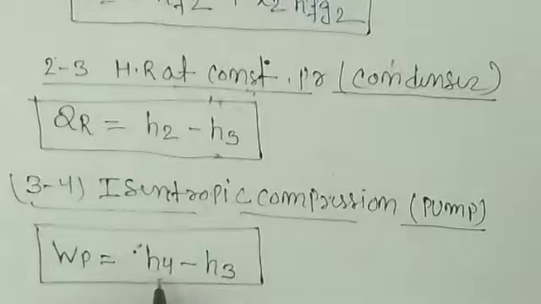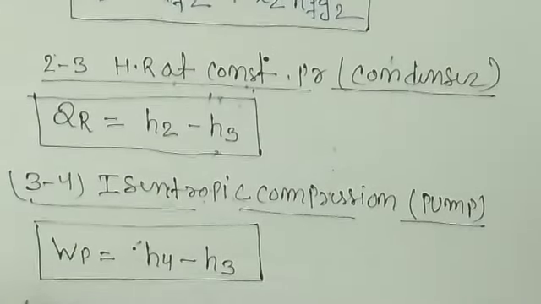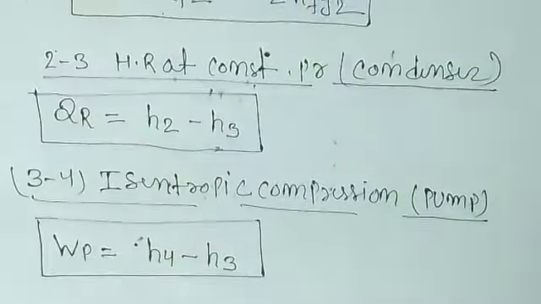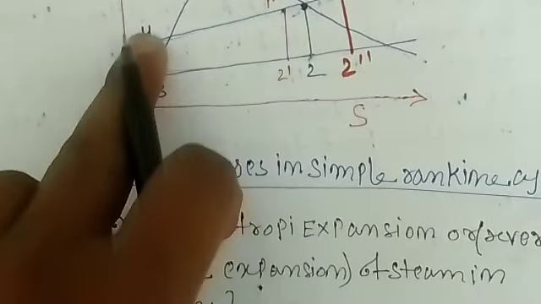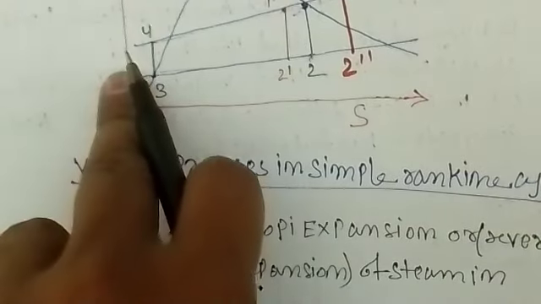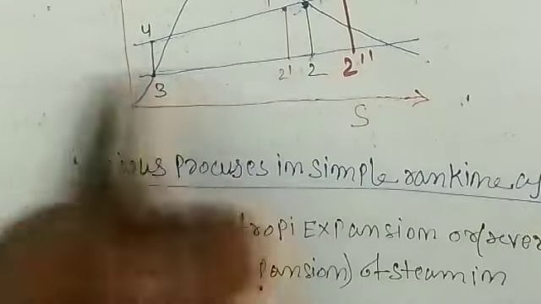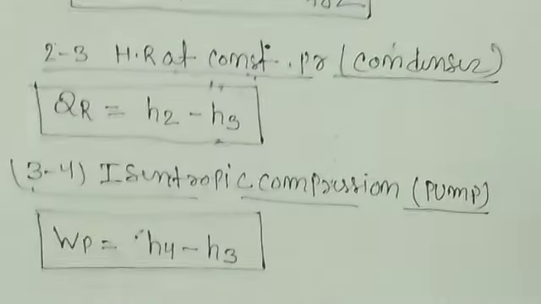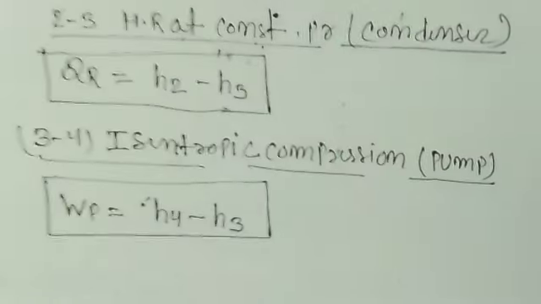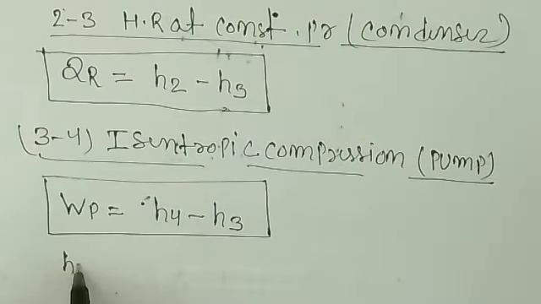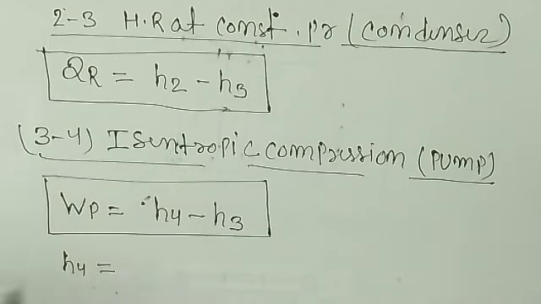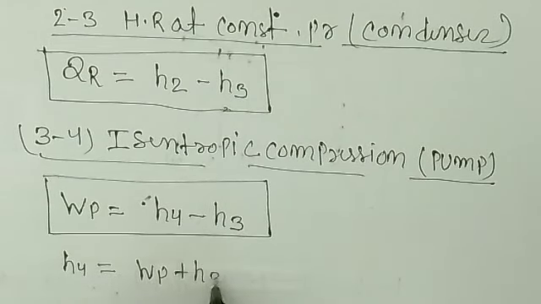If I write down the energy balance equation for the steady flow energy equation, the pump work is equal to H4 minus H3, right? So H4 is equal to H3 plus pump work. So you can get the H4 from here, the enthalpy at the end of the pump, that is H4 is equal to pump work plus H3.